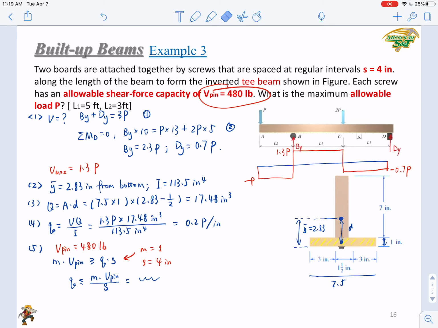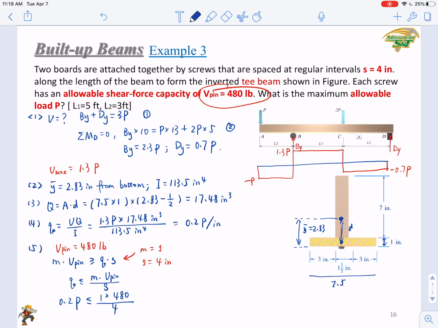Let's write it here. q is 0.2P smaller than 1 times 480 over 4.